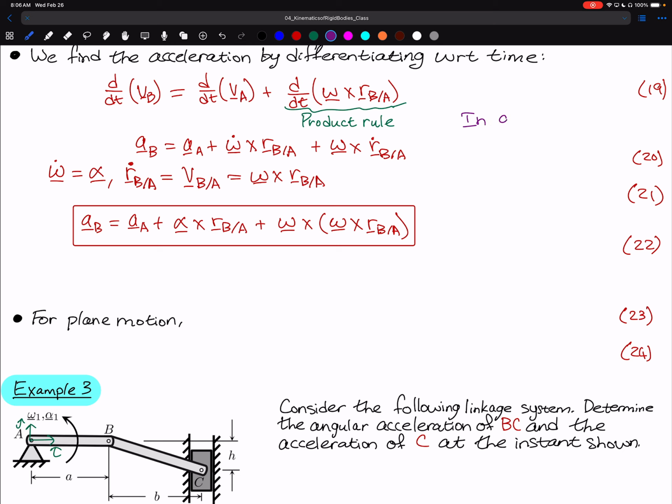So in general, omega crossed with omega then crossed with r_B/A is not equal to omega crossed with the quantity omega crossed with r_B/A. And we can see that the first one is actually just 0 because you've got a vector crossed with itself.